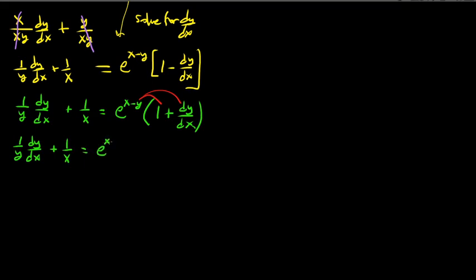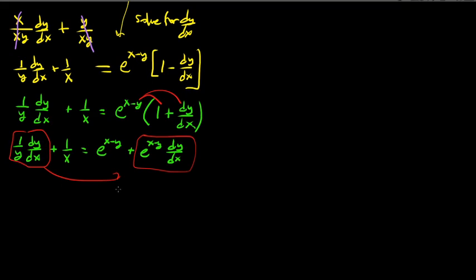So this is just e to the x minus y plus e to the x minus y times the derivative of y. So, okay, we did that. Now we need to take this term with the dy over dx to the left side, because we want all the dy over dx on the same side. I mean, we could pull this on the right, but I'd rather have it on the left, right?